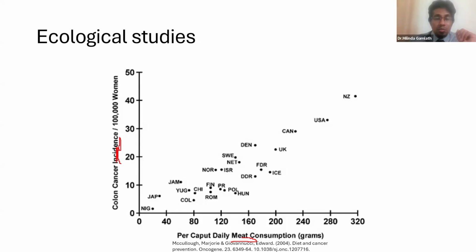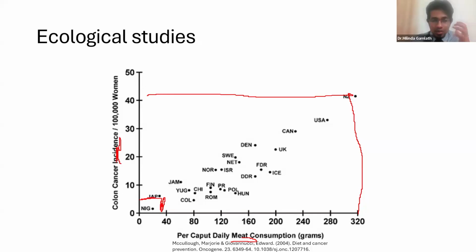So in this, you can see that some countries which consume higher amounts of meat also have higher amounts of colon cancer. And some countries which have lower consumption of meat have lower colon cancer incidence as well. So this is an example of an ecological study.